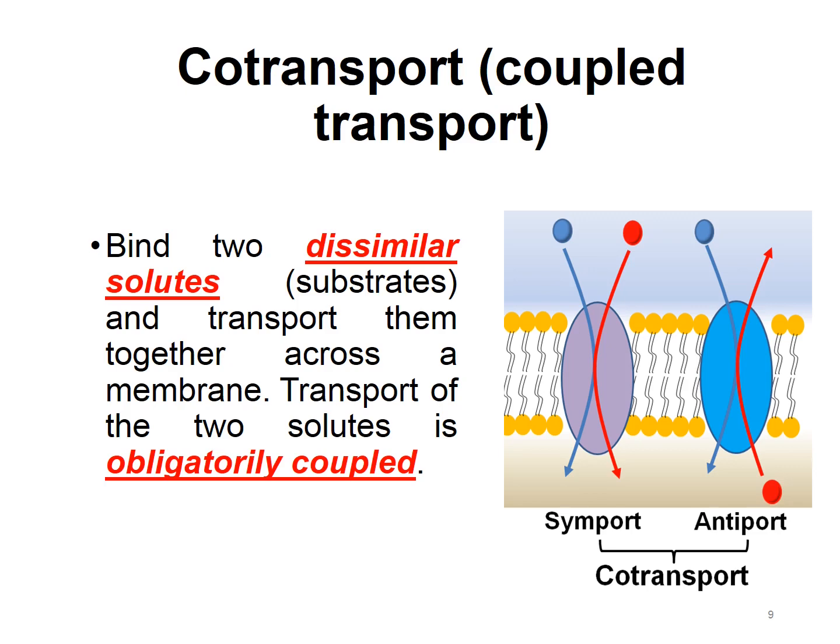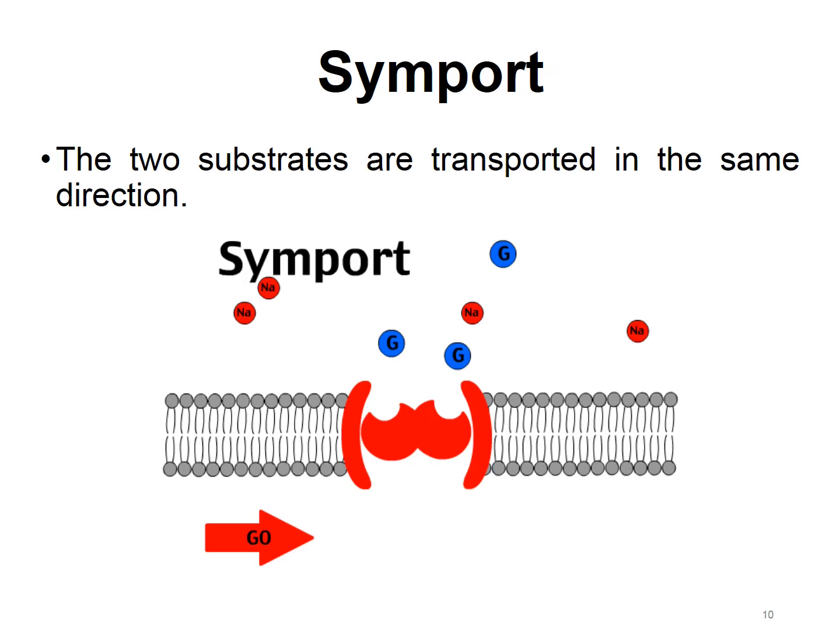تعالوا نشوف الموضوع ده بطريقة أوضح شوية. ادي مثال عندي للي بنسميه Symport. This is an example of a Symport. We have glucose. The blue spheres are glucose and the red one are sodium.